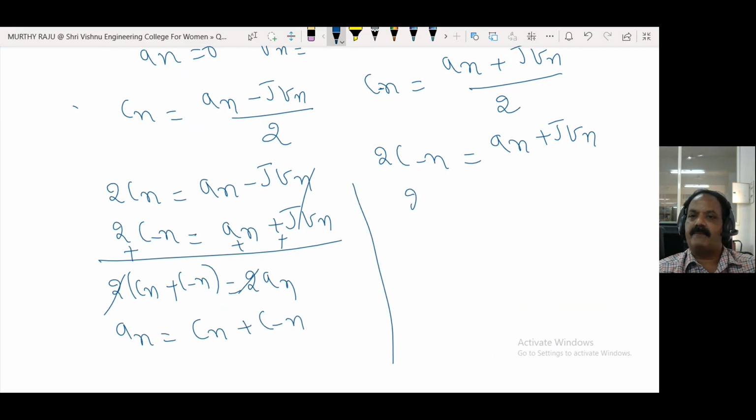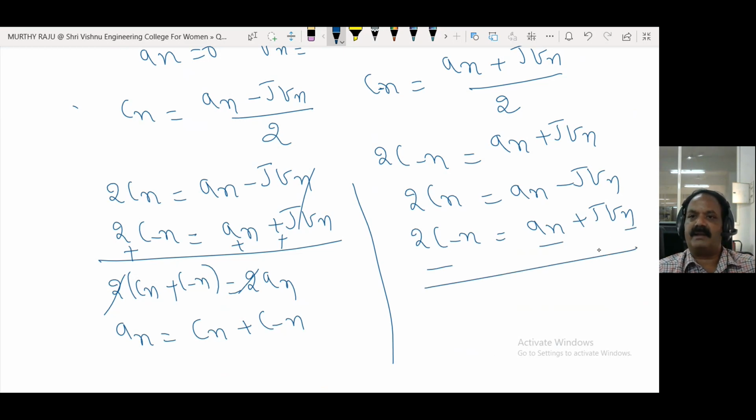Similarly, 2Cn is An minus jBn and 2C minus n is An plus jBn. Subtract these: 2 into Cn minus C minus n. These two cancel, leaving minus 2jBn.